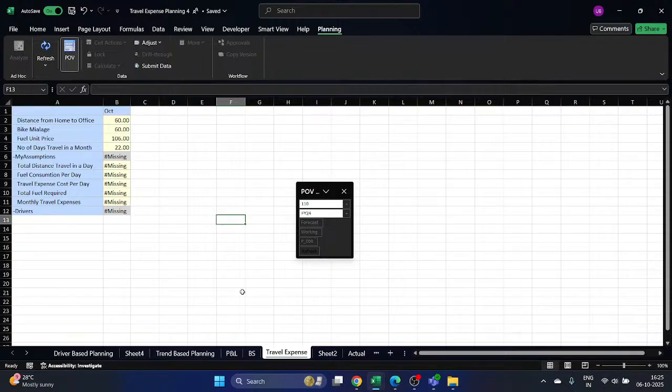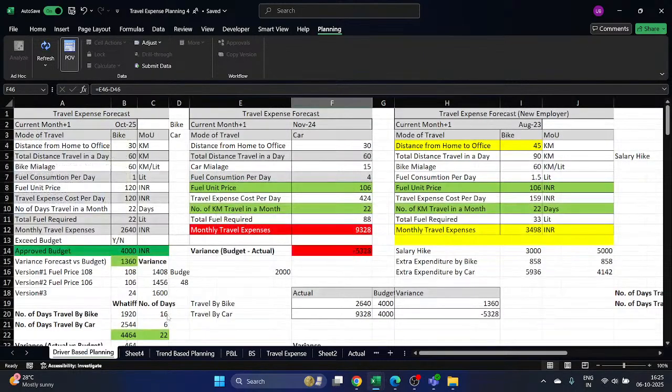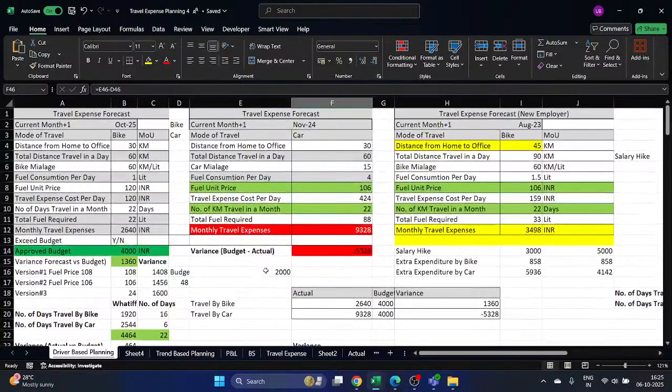So I hope you are getting the things easily. That is the example which I have taken. So now I will close the session here.